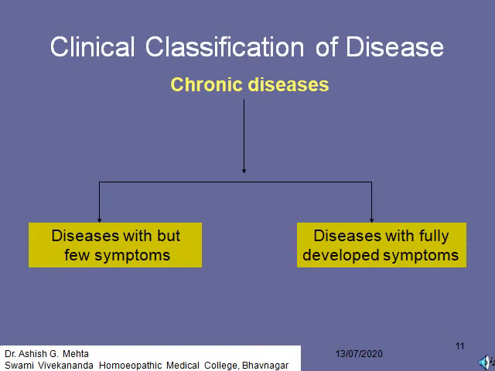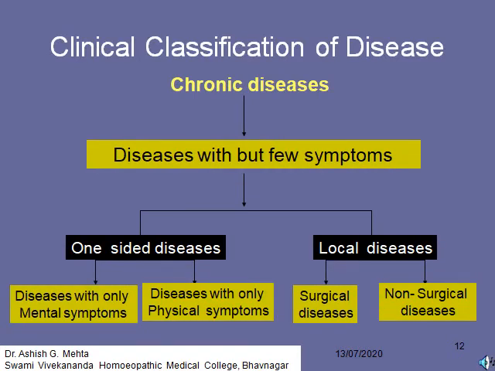And the diseases which have fully developed symptoms means those diseases in which, after skilled interrogations, we get the full picture of the disease in the form of a quantity of perceptible signs and symptoms. Here the general symptoms, the particular symptoms, the characteristic symptoms, the alternating symptoms, and all kinds of symptomatology are available to the perceiving physician. The diseases which manifest themselves through few symptoms are further divided into two main categories.